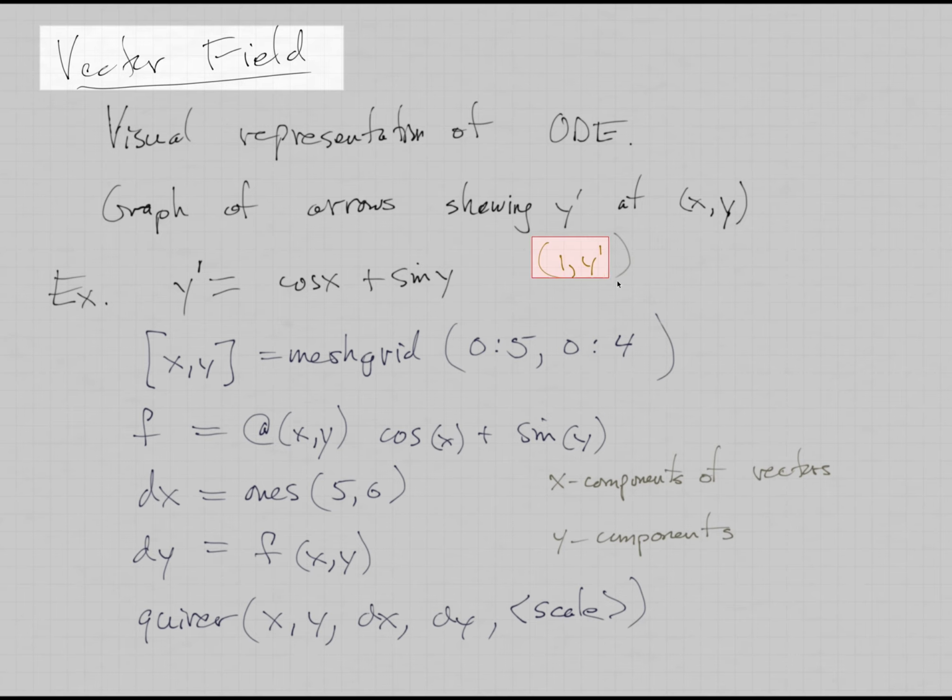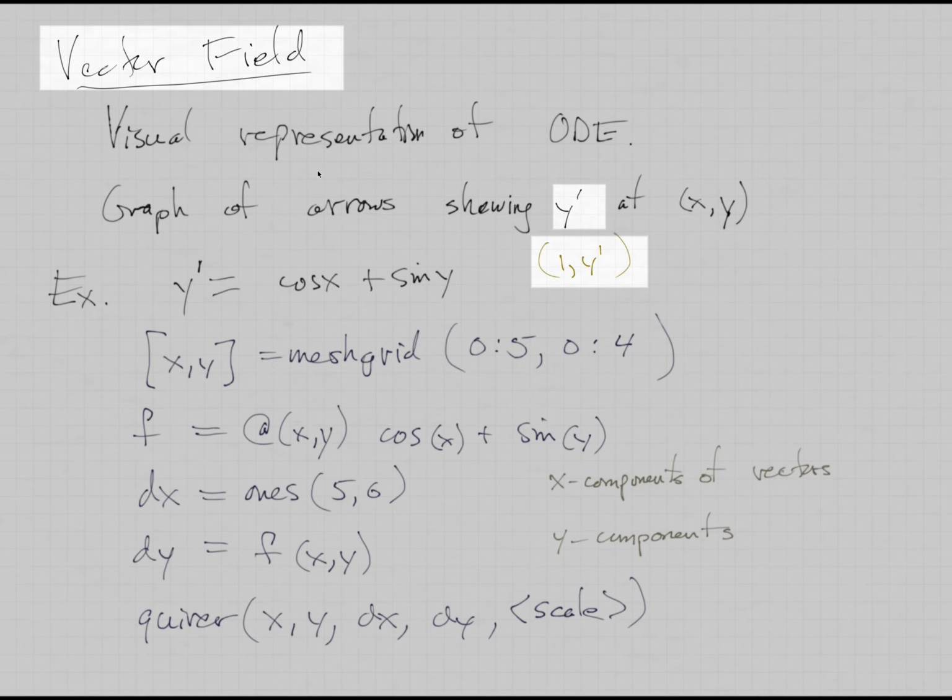So how do you represent a slope y prime with a vector? Well, if the slope is y prime, then we represent it by the vector where the x component is 1 and the y component is y prime itself. And that way the slope of the vector will be exactly y prime. So, a simple thing to do.